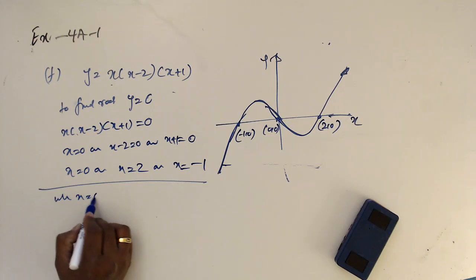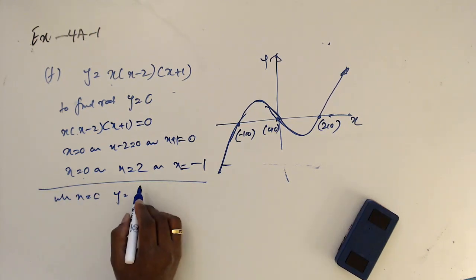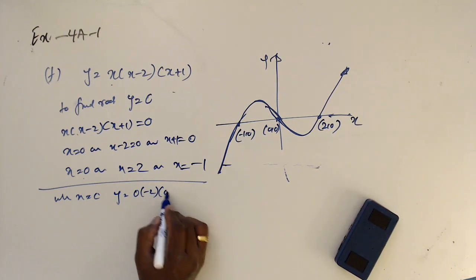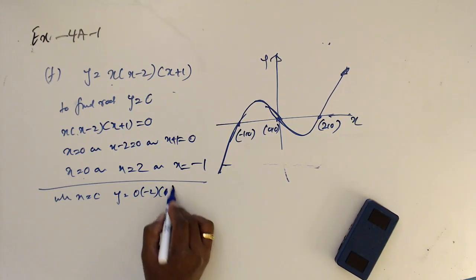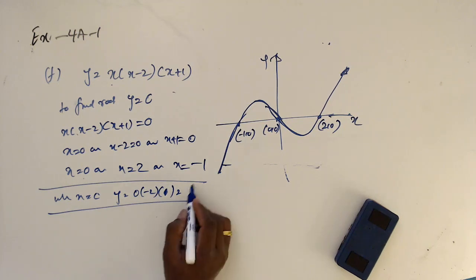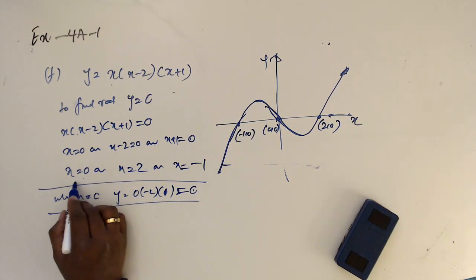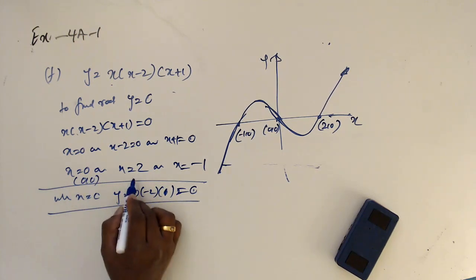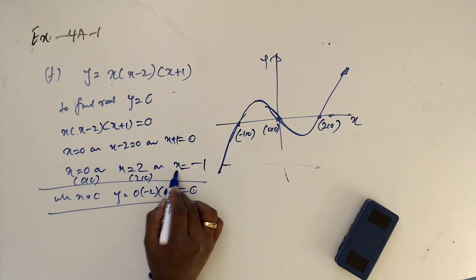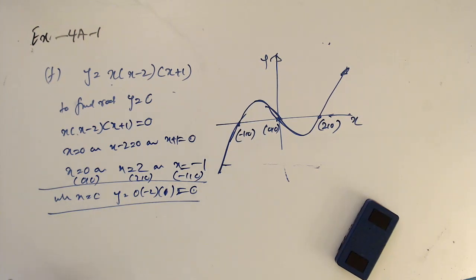When x equals 0, y is also 0 times minus 2 times. You can work it out, this is 0, but we already got this one. Okay, the points are 0, 0; 2, 0; and minus 1, 0.